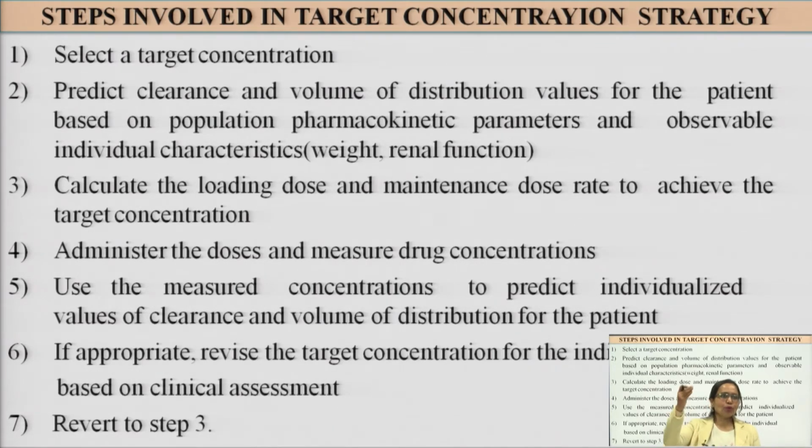Then again we go to the third step, calculate the loading dose and maintenance dose, and likewise it will go on. So, all these steps are involved in the target concentration strategy, and all these have to be followed.